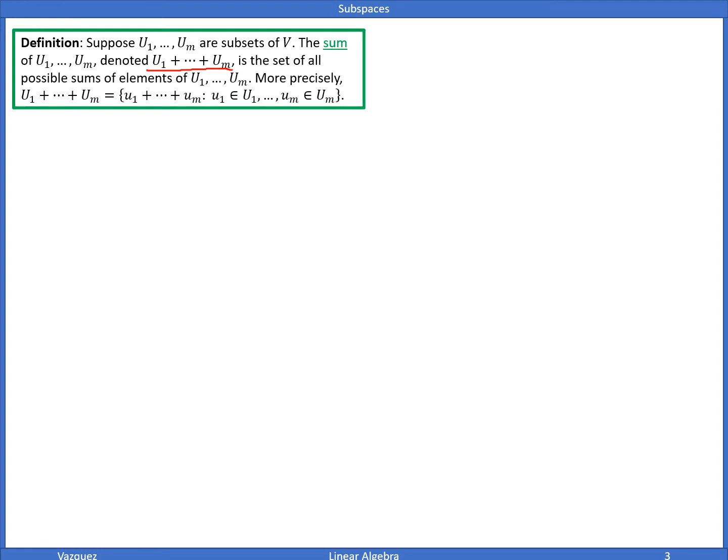So U1 plus UM is equal to this set: u1, which is an element of U1, u2, an element of U2, u3, an element of U3, and so on and so forth. All possible sums of those elements are this sum here. That's how we define the sum of subsets of V.